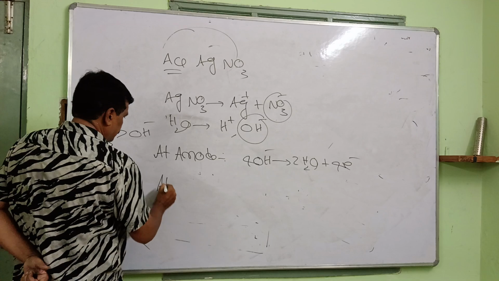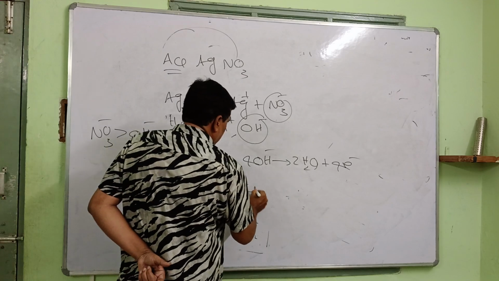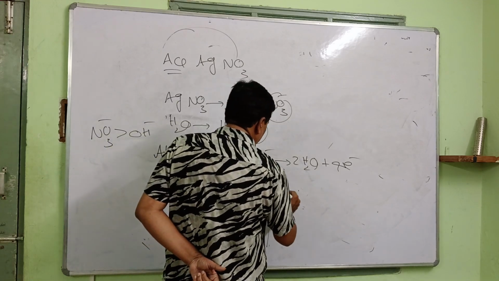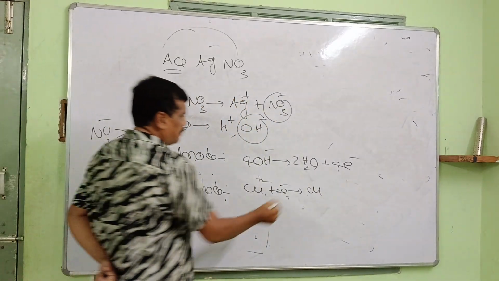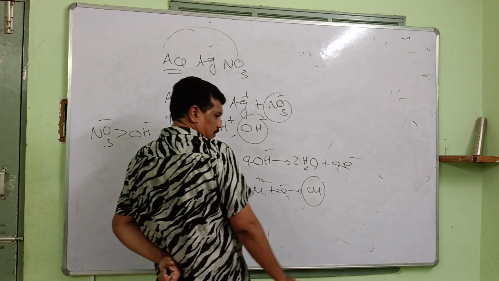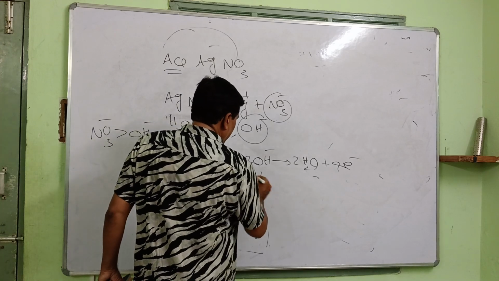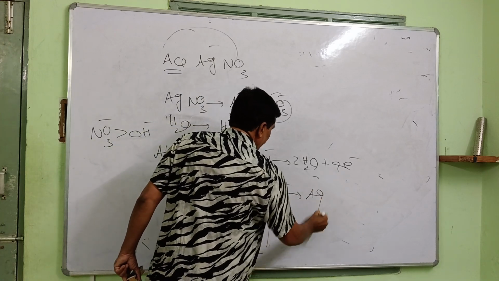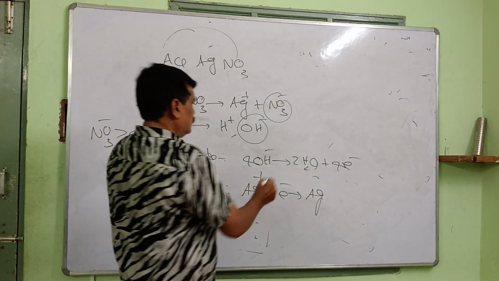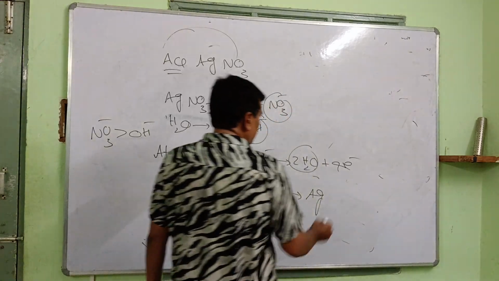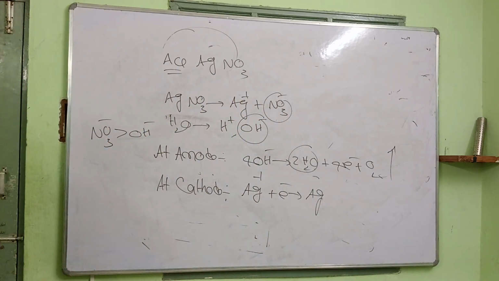And at the cathode, Ag+ + e- gives rise to silver. Sorry, it is silver, not copper. So silver is deposited at the cathode, and at the anode, oxygen gas is evolved. This is the electrolysis concept. Okay.